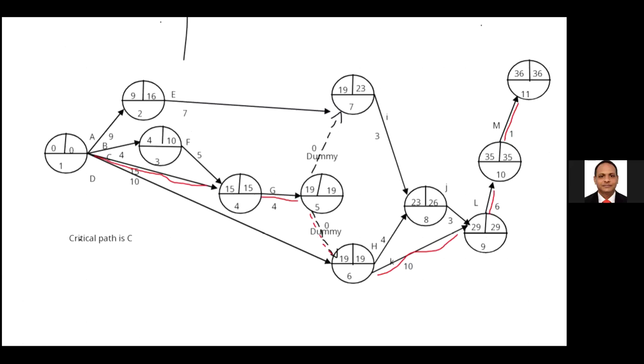Rest of them, you can say A, B, E, F, then H, I, J, and one of the dummy as well. Not only that, D also, no? A, B, D. D also non-critical.